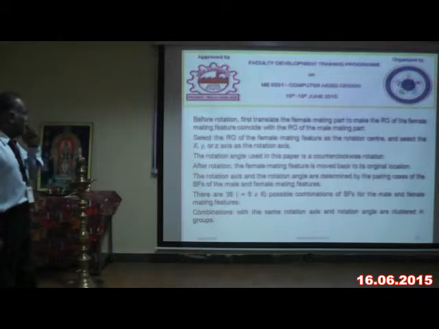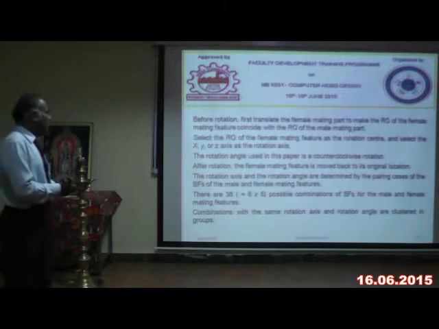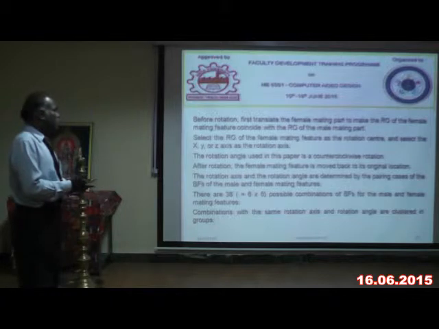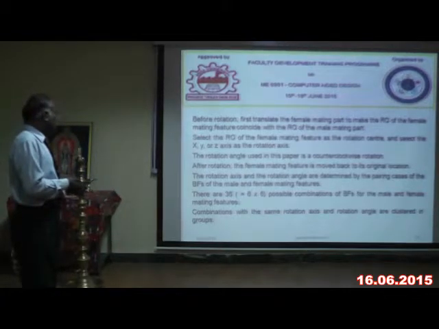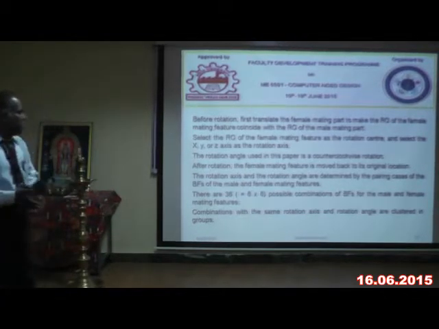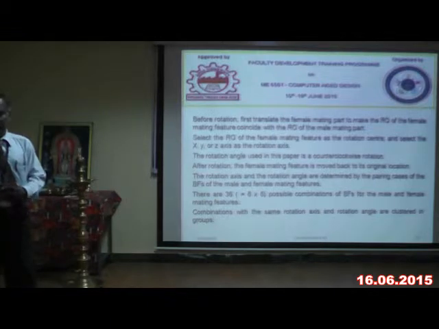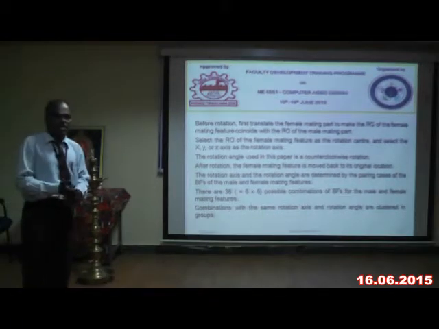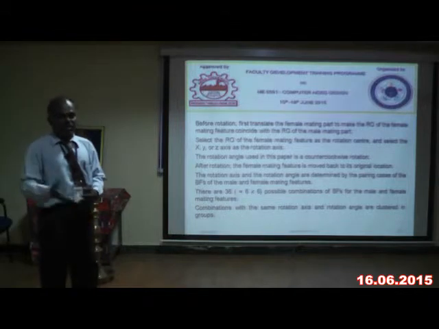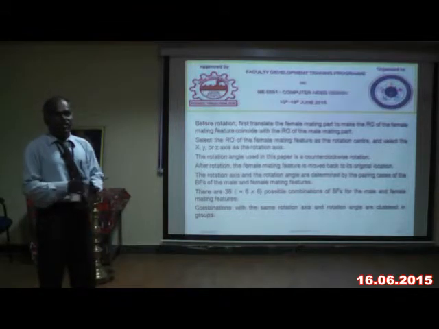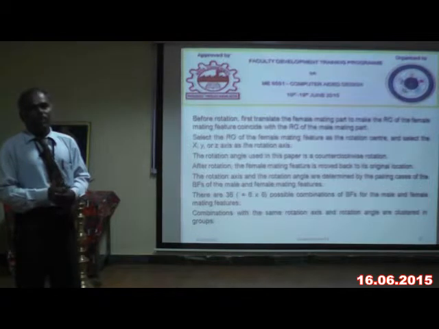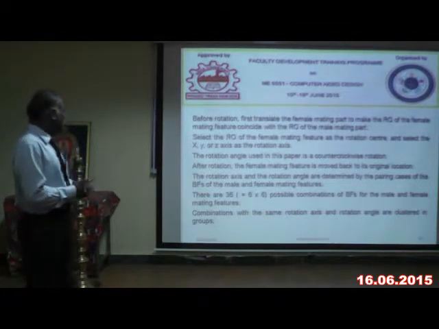Before rotation, first translate the female mating part to make the reference origin of the female mating feature coincide with the reference origin of the male part. Transformation is nothing but the matrix forms. All the data needed, the reference origin, the distance of movement, the allowances of the two parts and so on, should be mentioned.